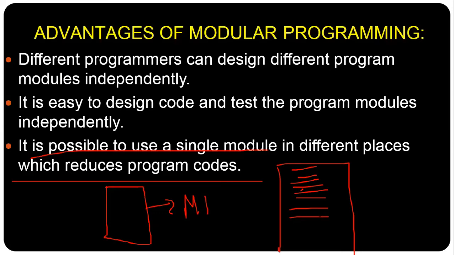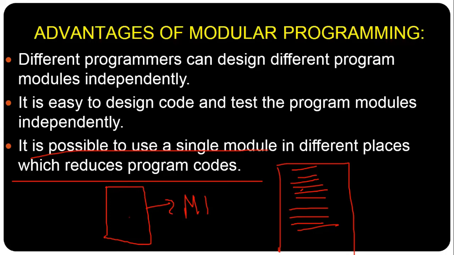If it is required in somebody else's work, then it's not necessary to write everything that is in this module. What you can do is use this module and keep it in our program, so that the codes that are present in this module are reused.